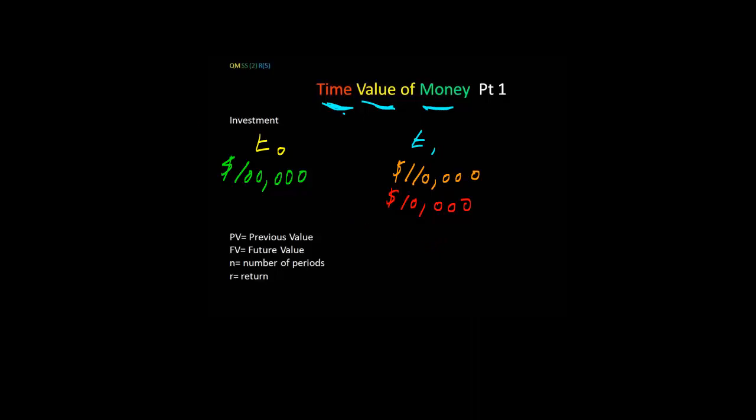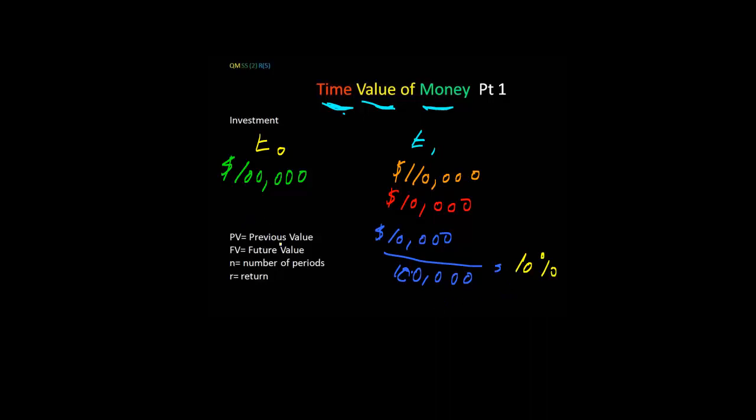Now, if we want to express this in percentage terms, it's an increase of 10%. And the way we got the 10% is 10,000 divided by our 100,000, and that's going to give us the 10%.